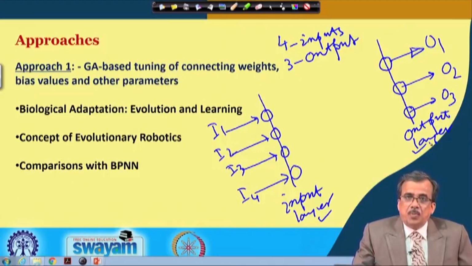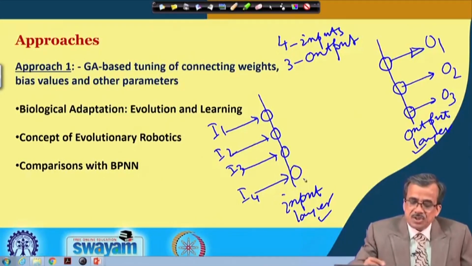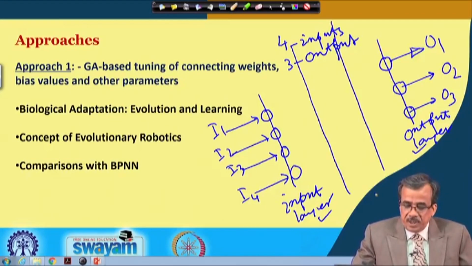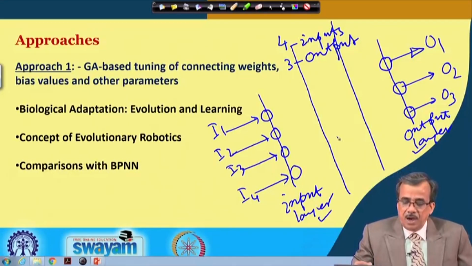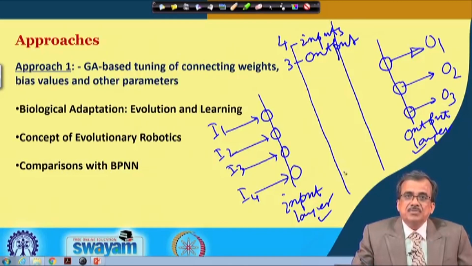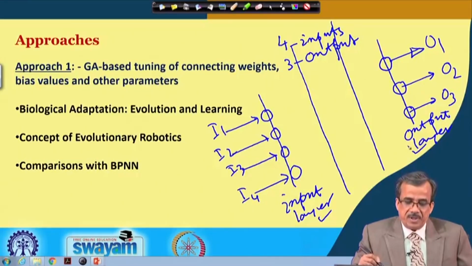Now, the topology or the architecture of this particular network depends on how many hidden layers we put in between the input layer and the output layer, and how many neurons we are going to put on these particular hidden layers. Actually, that is going to decide what the topology or architecture of this particular network should be.